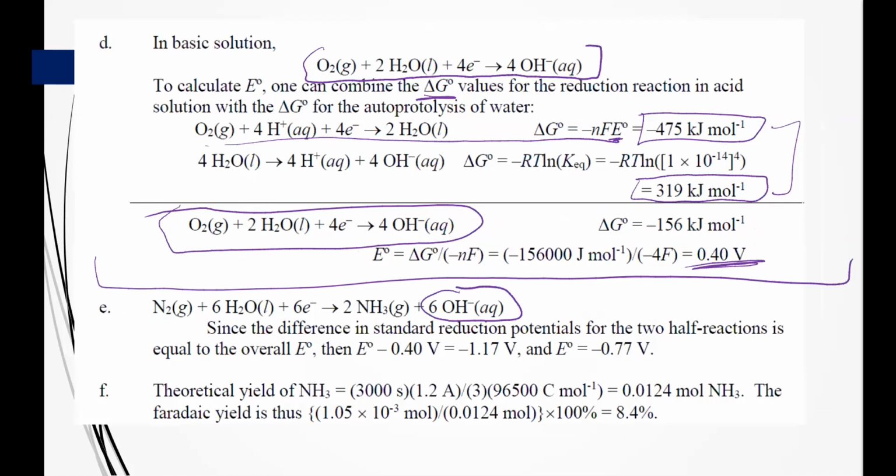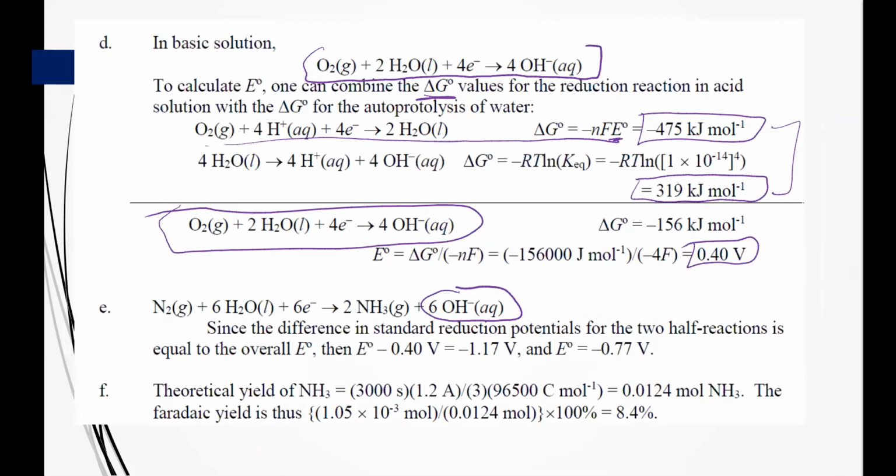And since we know that O2 can be turned into hydroxide using that 0.4 volts, then we can use that to find our E cell. So our hydroxide reaction, this 0.40 volts, that's going to be our anode process.